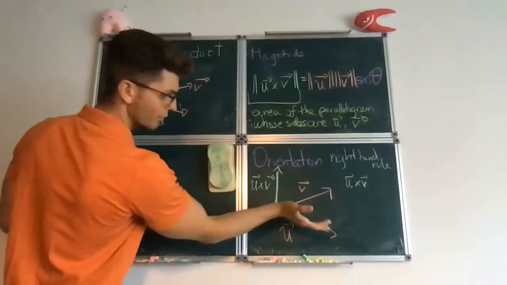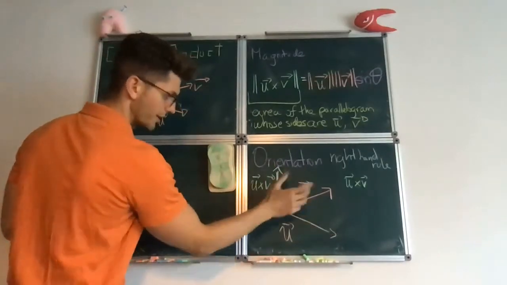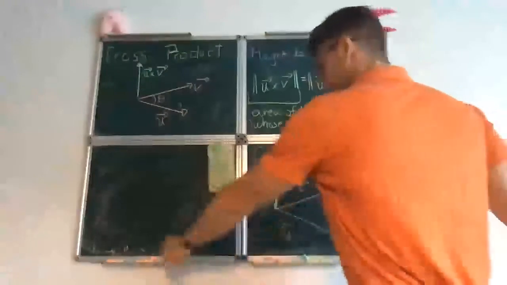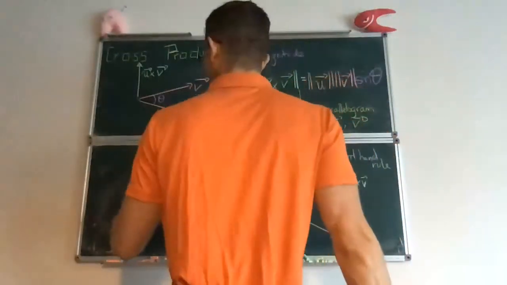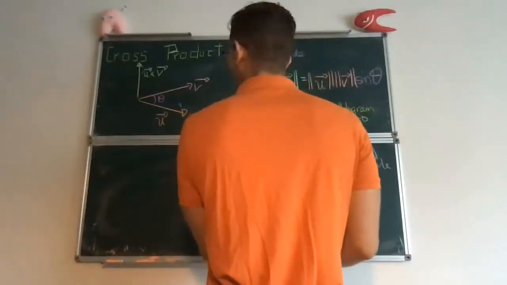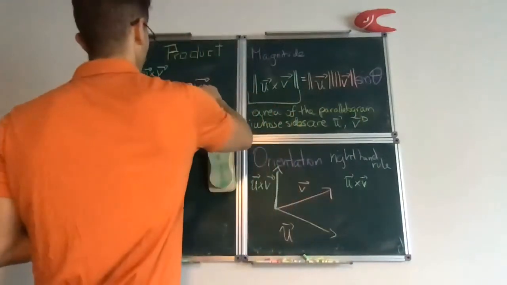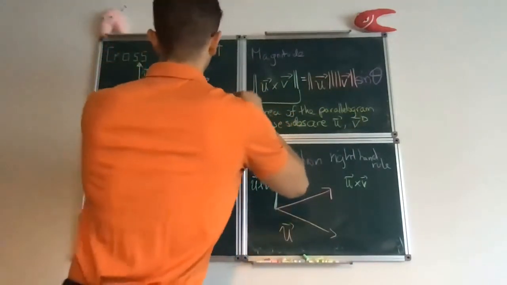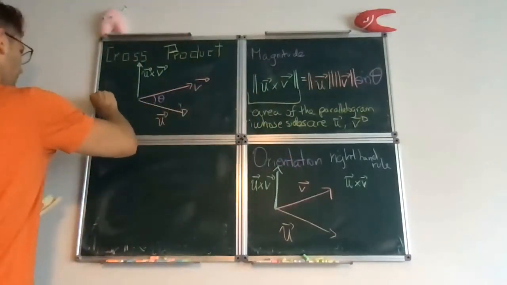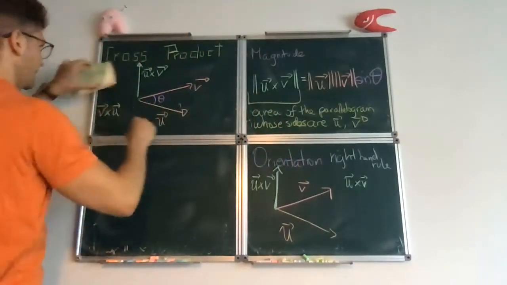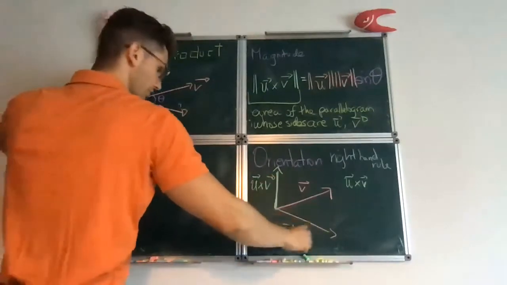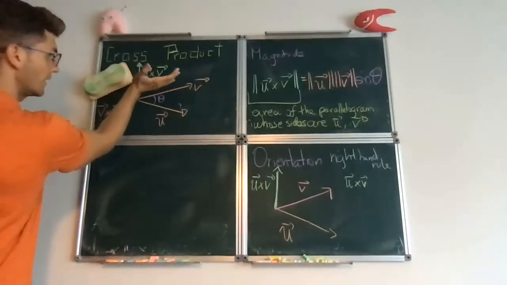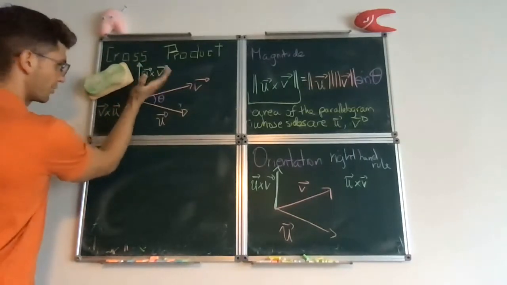So if you wanted to do u cross v, you get this one, but what if we wanted to do v cross u? Well, you just follow the same recipe: you put your fingers along v and you move them towards u.